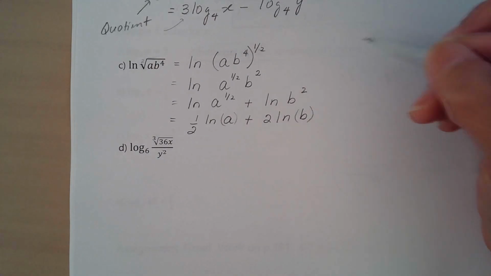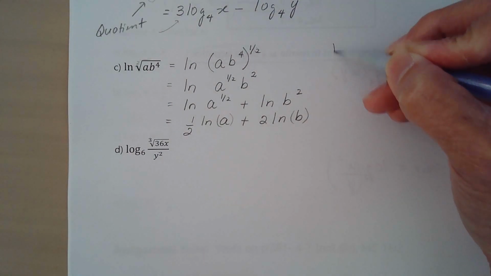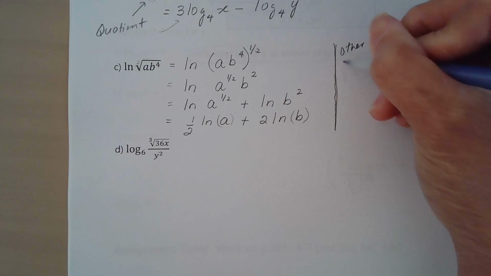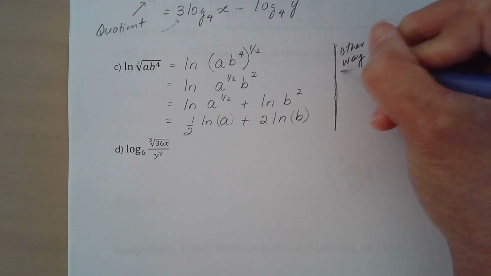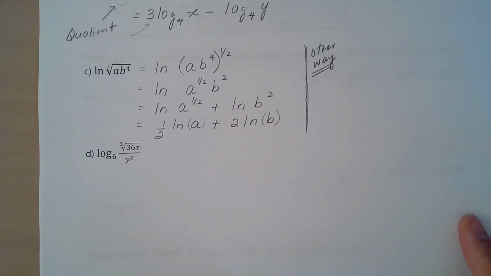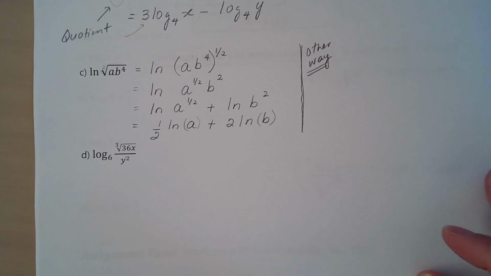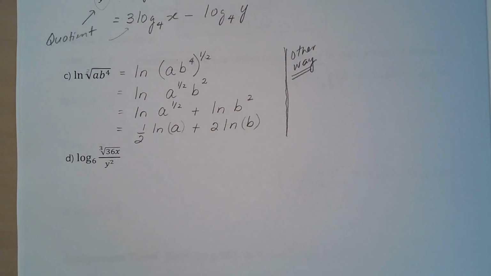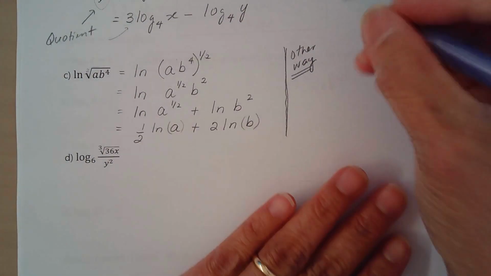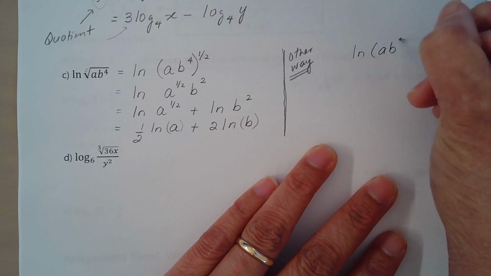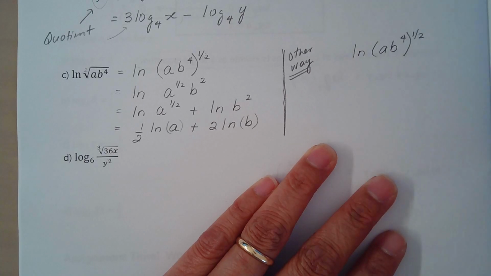Okay, I'll give you a different one. There's another way, just in case you come across something and think, hey, I didn't know that this is possible too. Here's the other way. So far it's natural log of a b to the 4th, to the 1/2, right?